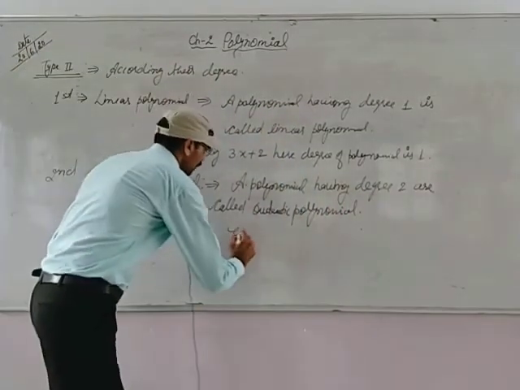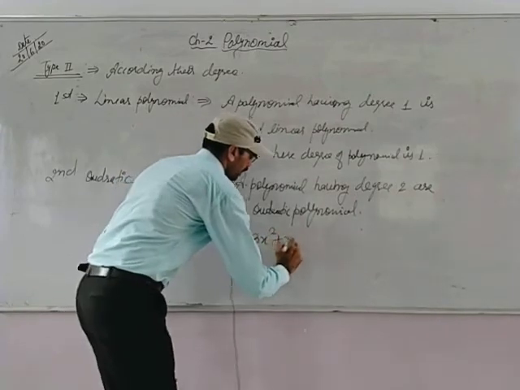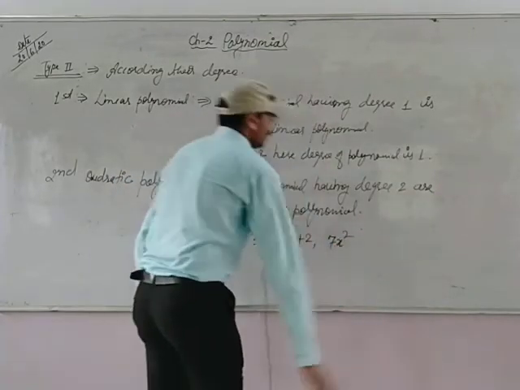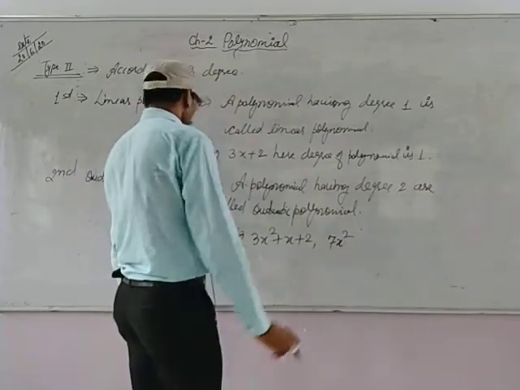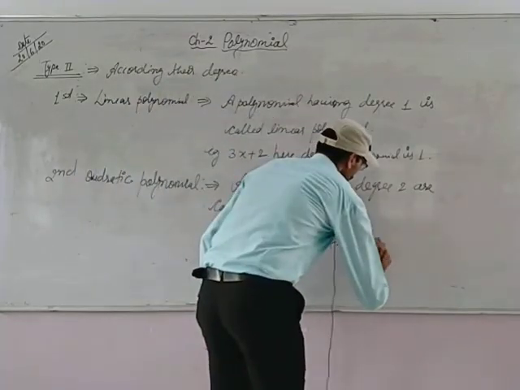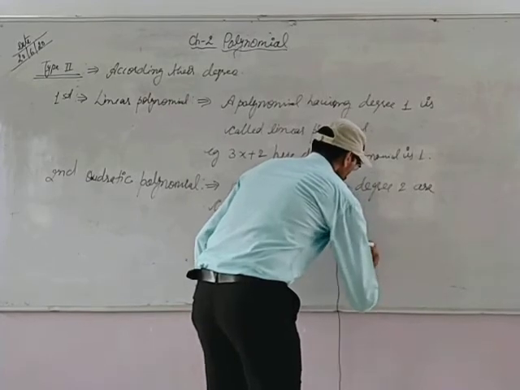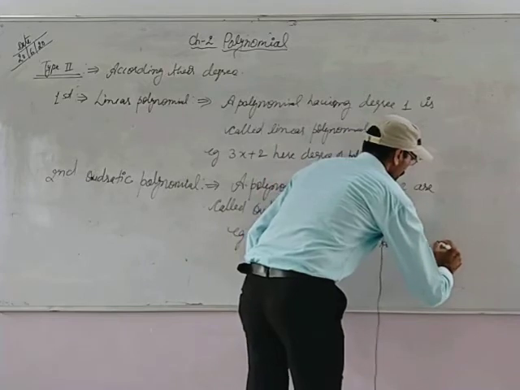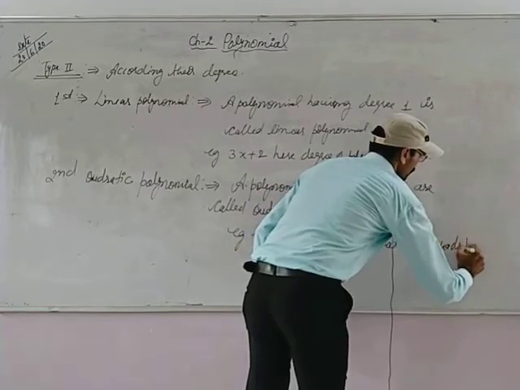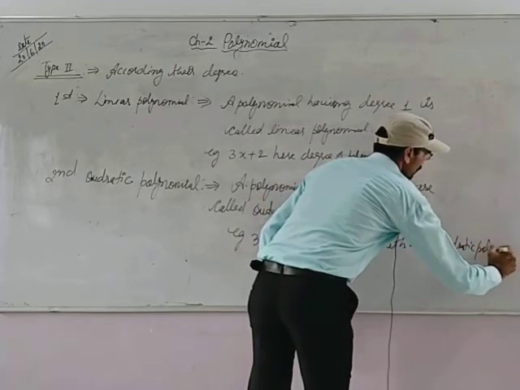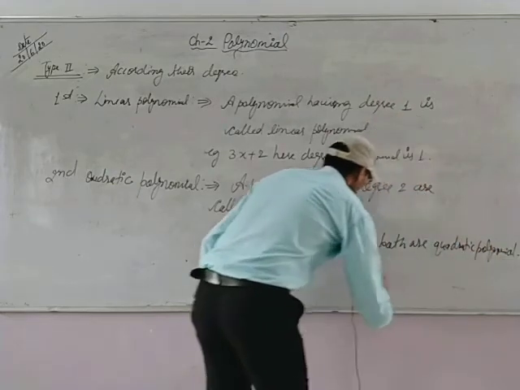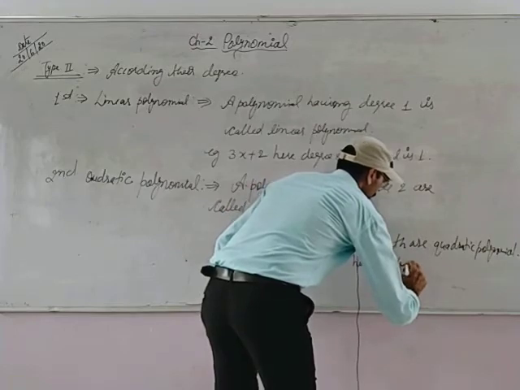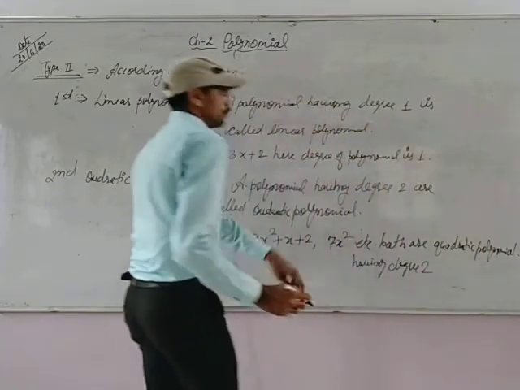Now example, 3x square plus x plus 2, only 7x square, it is also a quadratic polynomial because both are quadratic polynomials having degree 2.